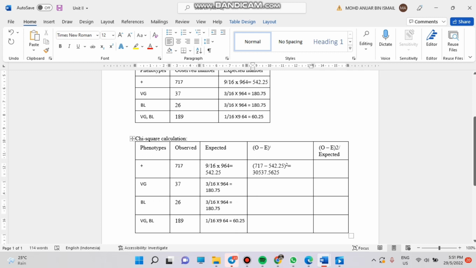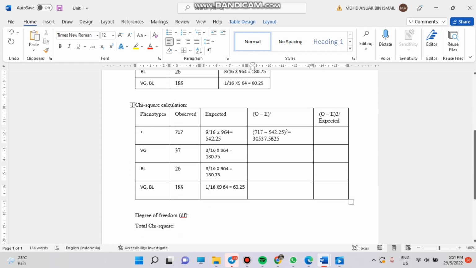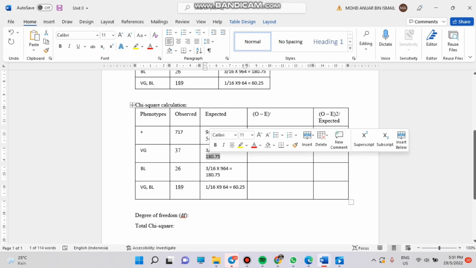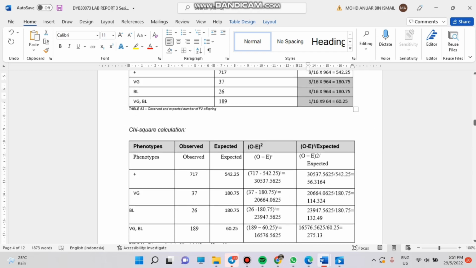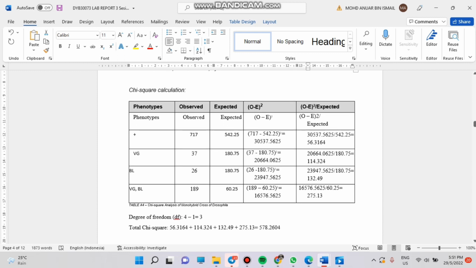It will be the same for the VG, BL. So we just use the observed minus expected and then power of 2. I have created this before, so it will save more time to calculate it.